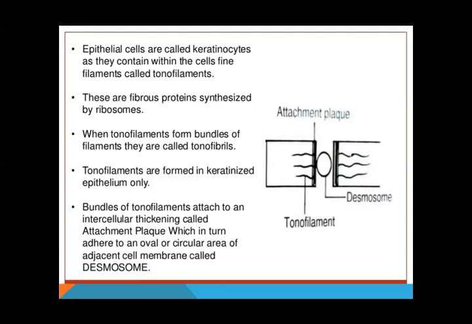Tonofilaments are formed in keratinized epithelium only. Bundles of tonofilaments are attached to an intracellular thickening called the attachment plaque, which in turn adheres to an oval or circular area of adjacent cell membrane called the desmosome.